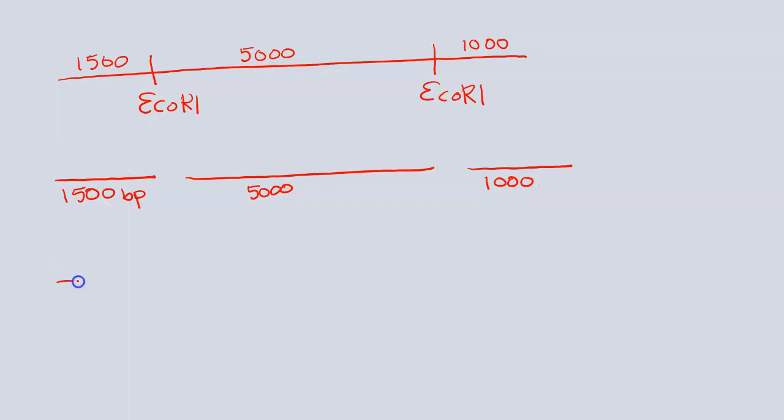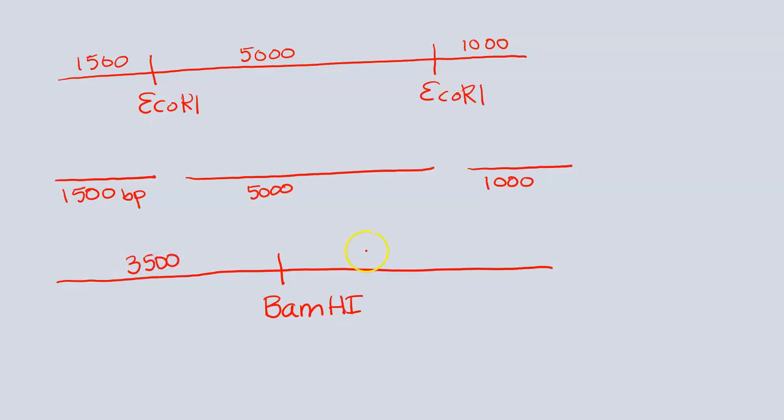Now a different restriction enzyme is going to cut at a different place. So let's say that we use our enzyme BamH1, I think is what it's called. And let's say it cuts right in the middle of this same fragment. And maybe this piece is 3,500 base pairs long.